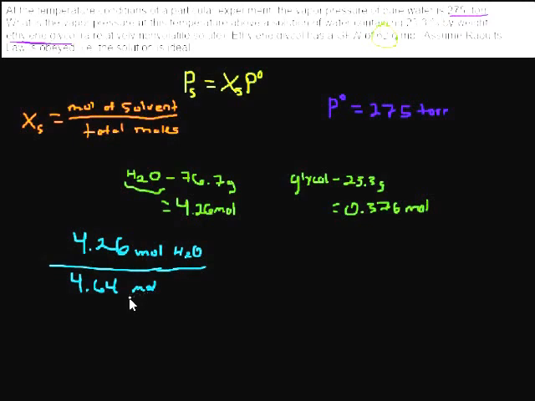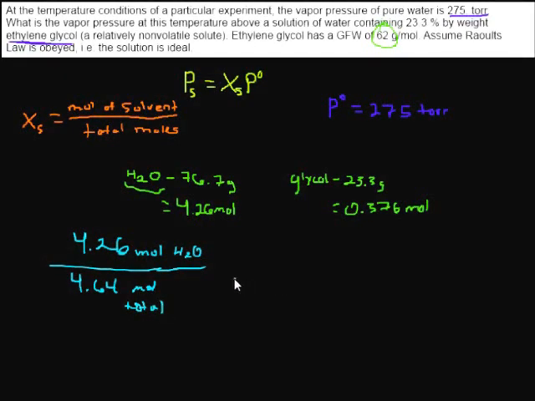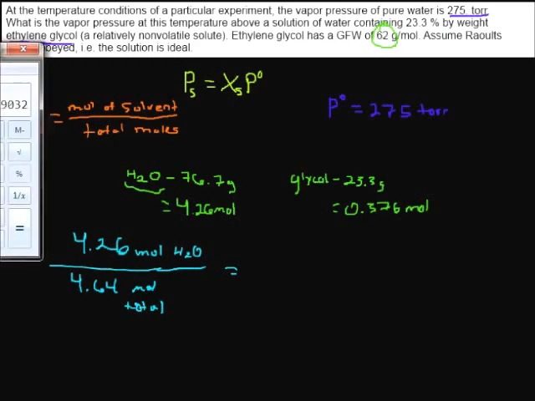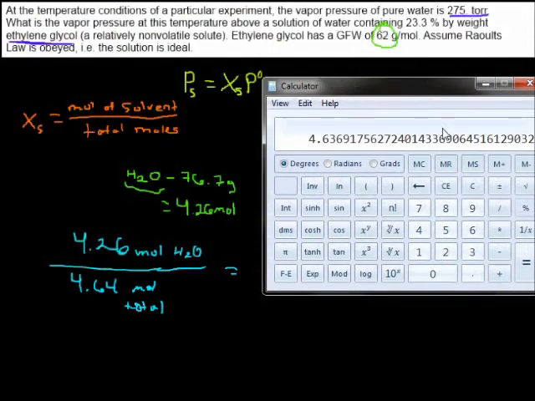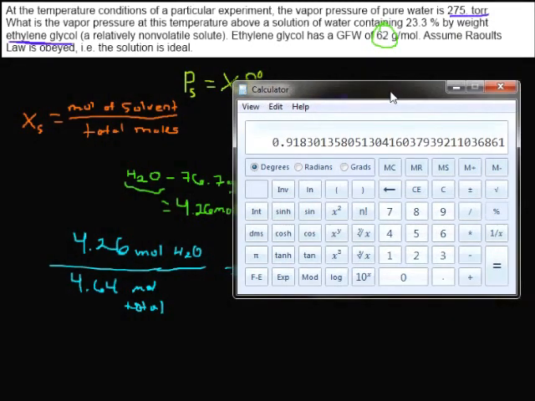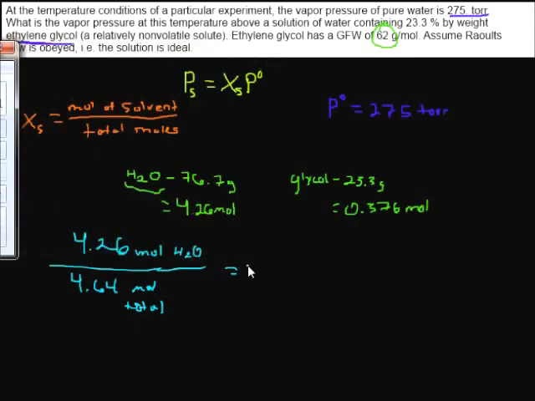And then total. Okay, and that equals, alright, 4.26 divided by 4.64. So 0.918.